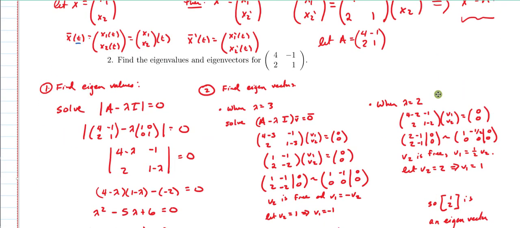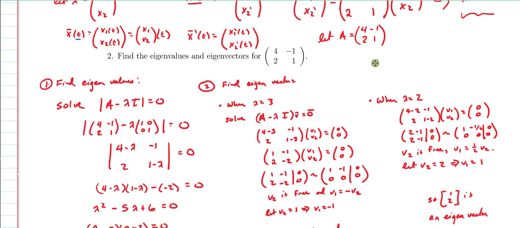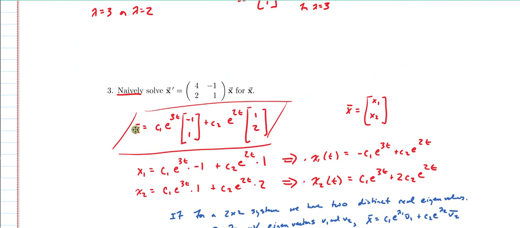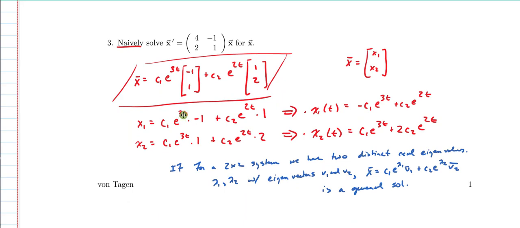Then we went ahead and found the eigenvalues and eigenvectors of the coefficient matrix A. And then we were able to represent our general solution as C1 e to the first eigenvalue times its associated eigenvector plus C2 e to the second eigenvalue times its associated eigenvector. And that gives us our general solution. It will be harder, as I said, when we have repeated eigenvalues or when the eigenvalues are complex. But for right now, this gives us a nice overview. In the next video, we'll look at quickly graphing this solution.